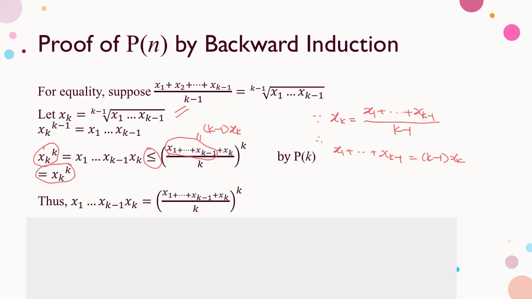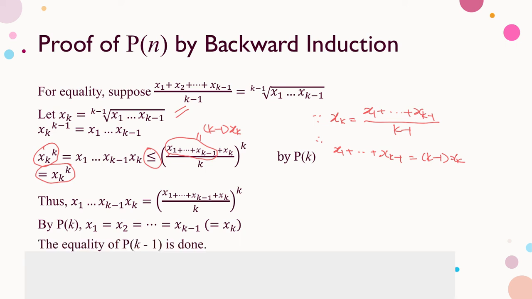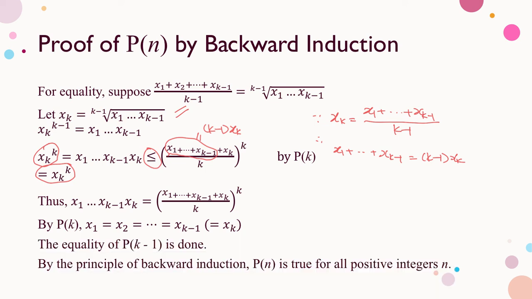We have the AM of k terms equal to the GM. By the assumption P of k, all terms are equal, in particular, the first k minus 1 terms. So the second part is done. By the principle of backward induction, the general statement is proved.